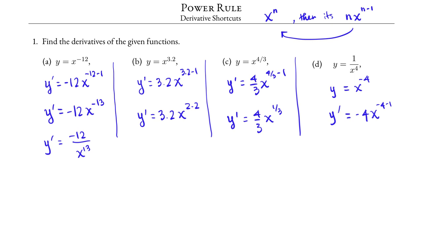So y prime equals negative 4 x to the negative 5. If we rewrite it, y prime equals negative 4 over x to the 5th. And in this case, we will need to rewrite it in the positive power because the original problem gives us positive power, as opposed to part A.